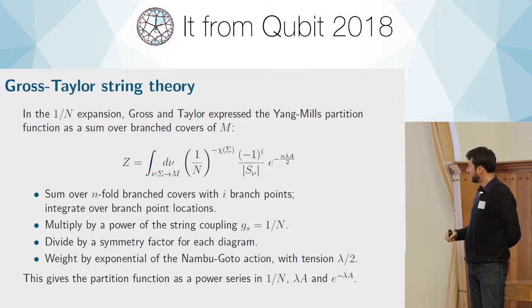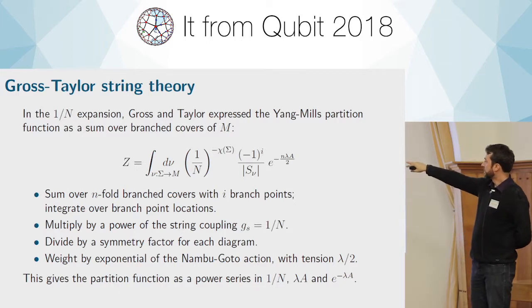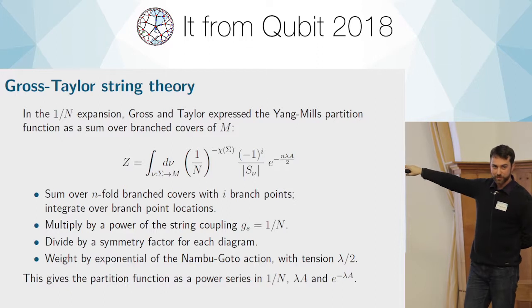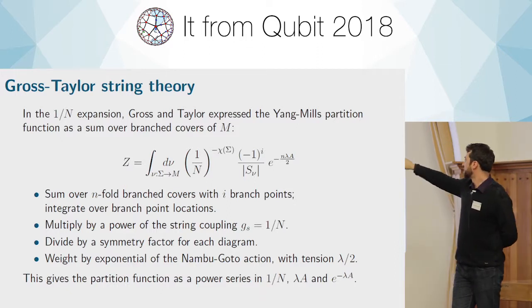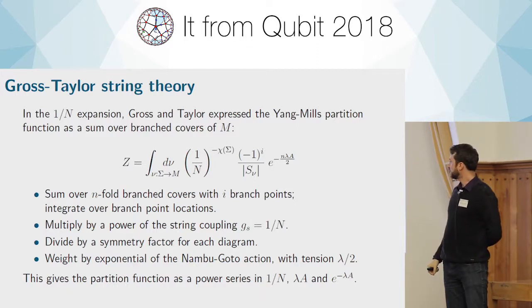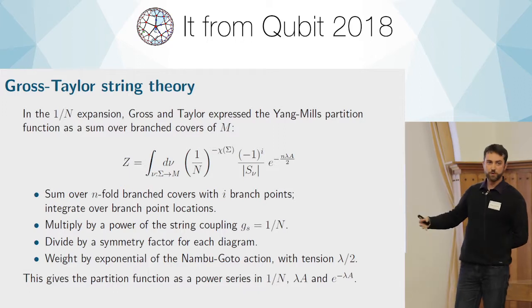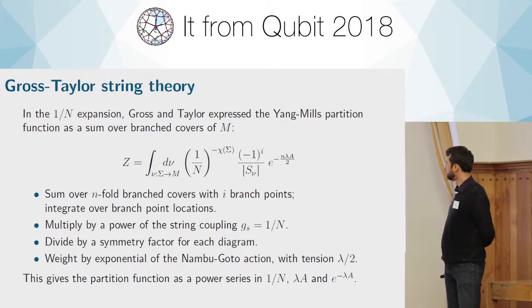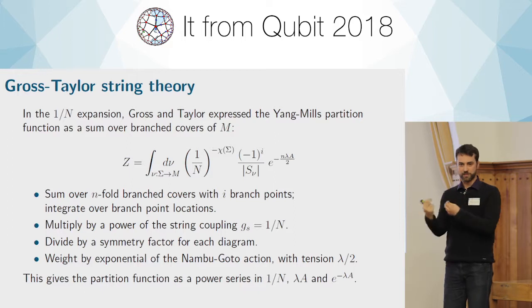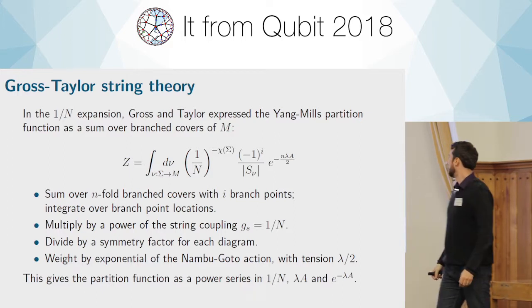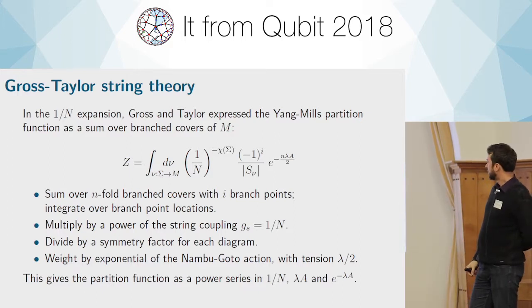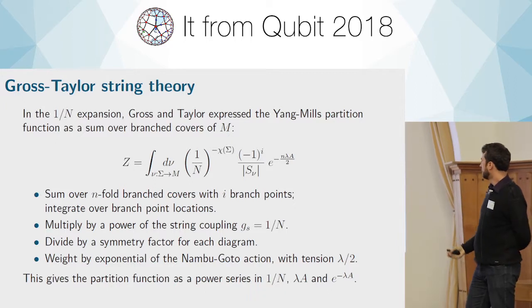Okay. So we sum over possible world sheets sigma and maps nu from those into the manifold. There'll be n-fold covers with I branch points. And then we integrate over the locations of the branch points, just like you would integrate over the location of interactions as usual.